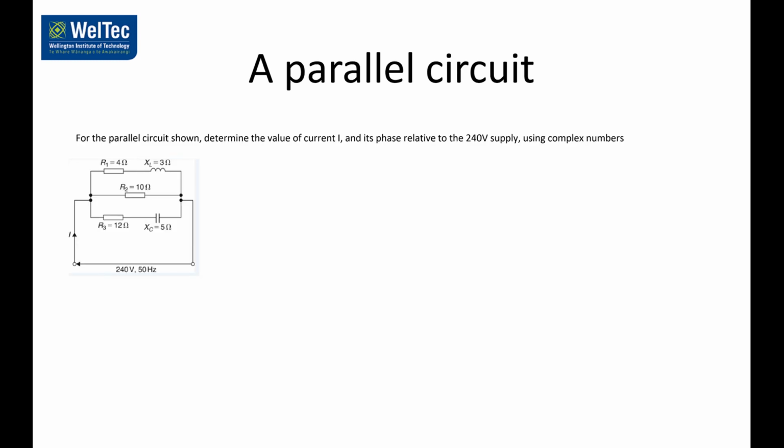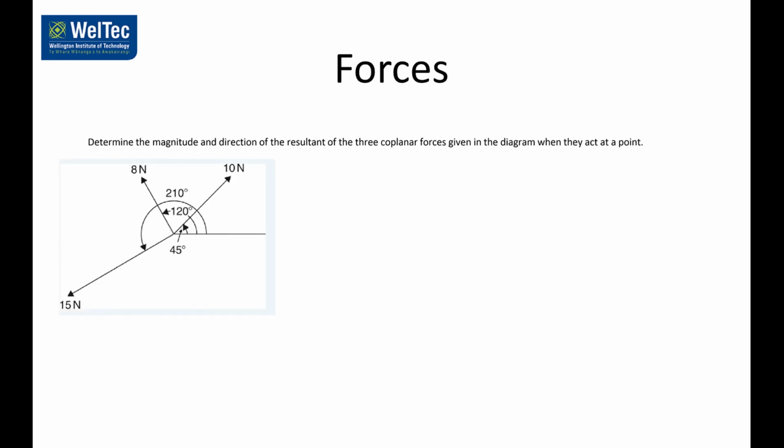For those that need it, we will do the circuit here in class. This is just a slightly different way of looking at things. So we've got that the force A is 10 angle 45. It's a length of 10 at 45 degrees. Force B is equal to a length of 8 angle 120.